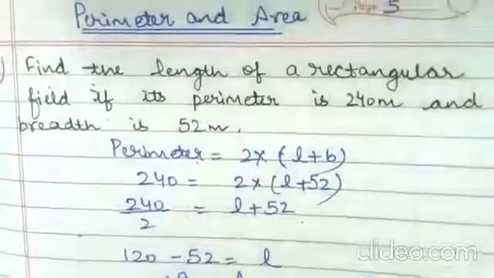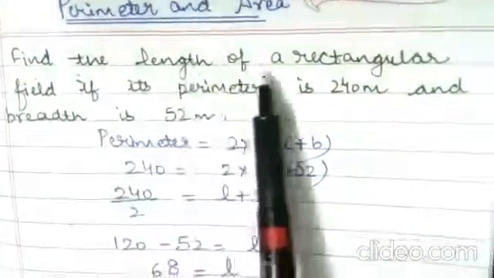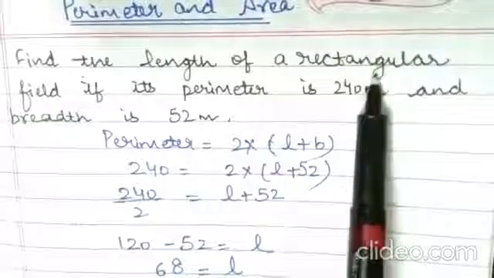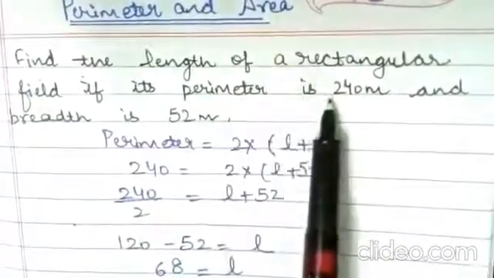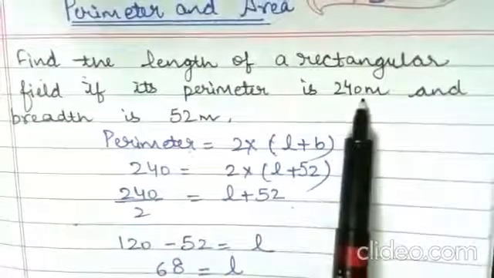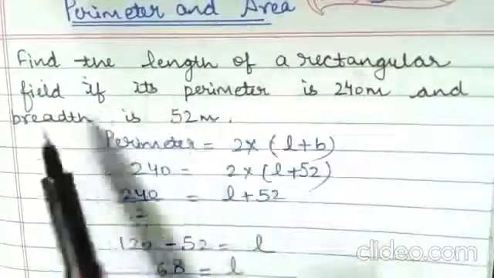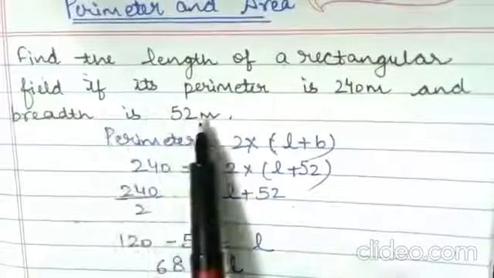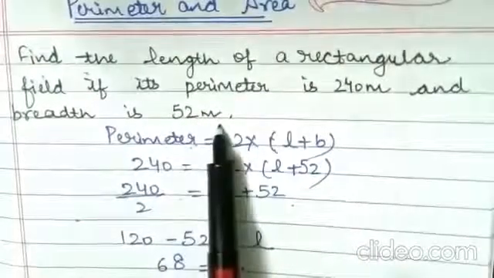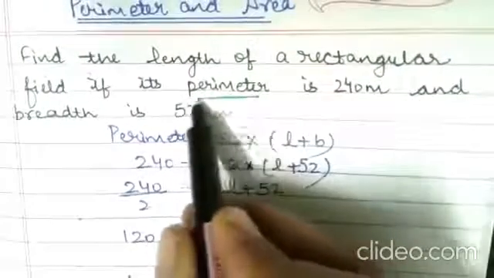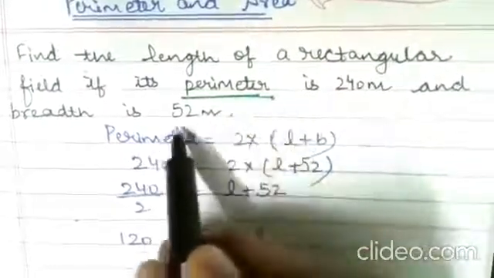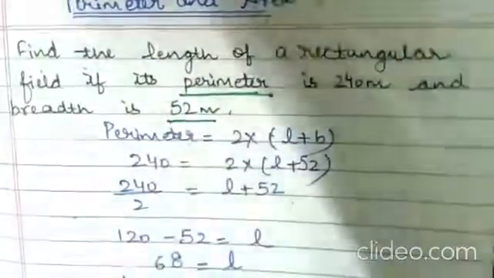Now the next question is, find the length of a rectangular field if its perimeter is 240 meter and breadth is 52 meter. Now children, perimeter is given to you and breadth is given to you.